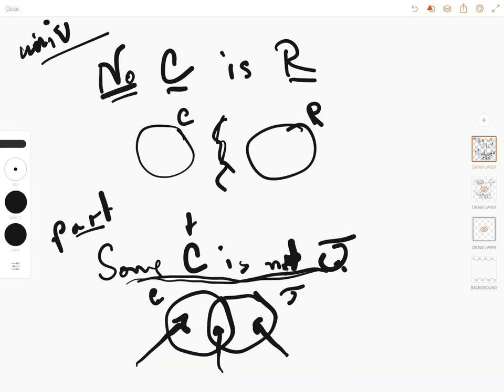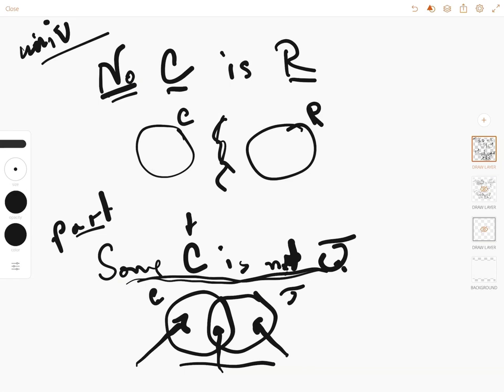It doesn't give us any information about whether there are C's that are J's, and it doesn't give us any information about whether there are J's that are not C's. So that's why I use this diagram of overlapping circles, because we have to not take a position on any information that isn't explicitly given to us in the categorical proposition.